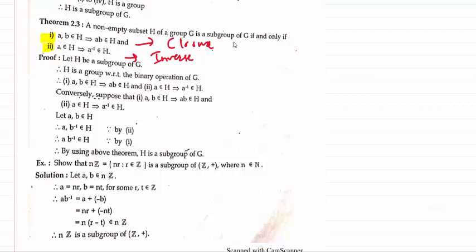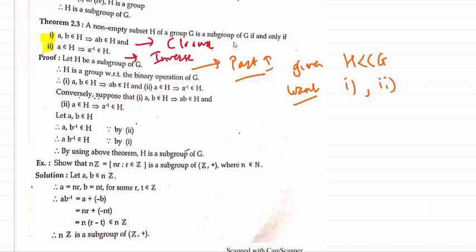Part 1: given H is a subgroup of G, we have to show closure and inverse.